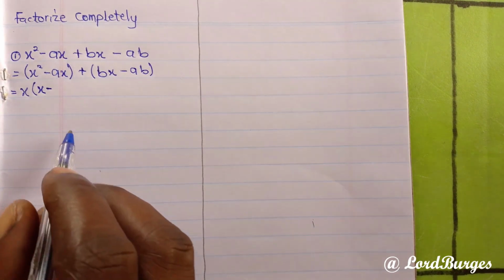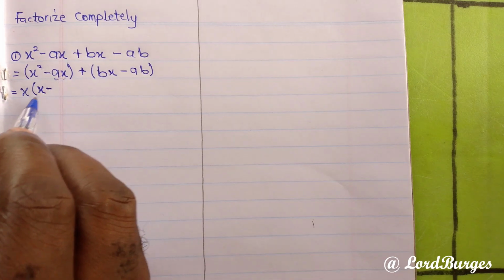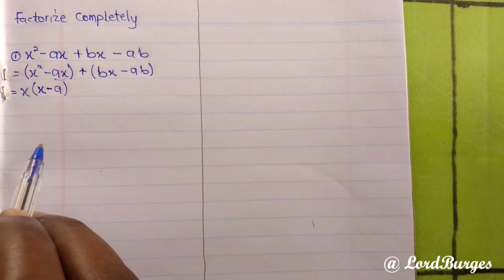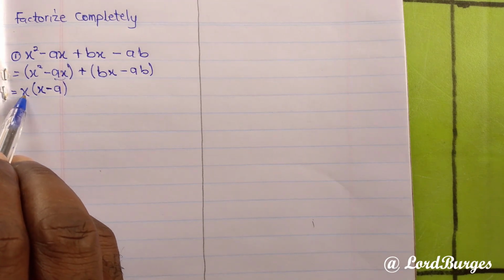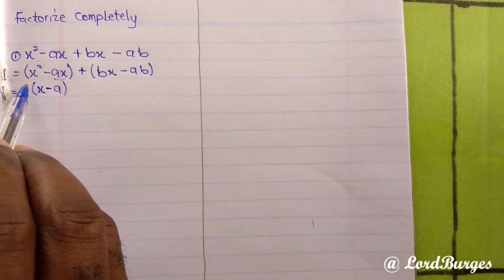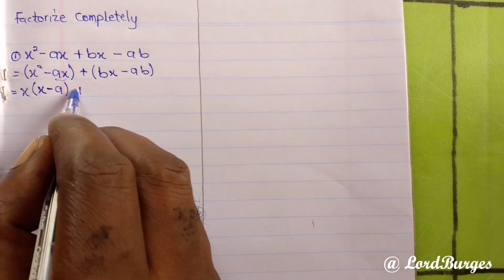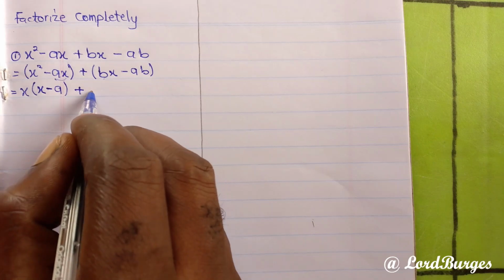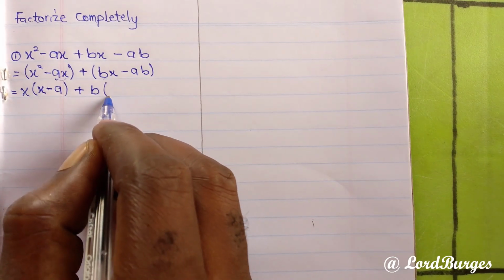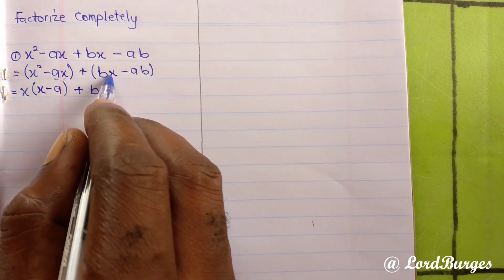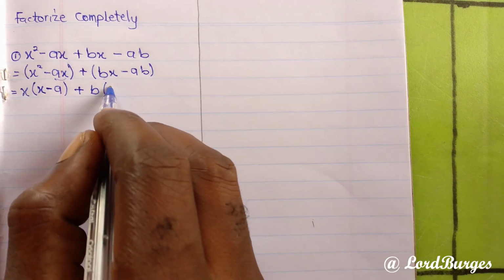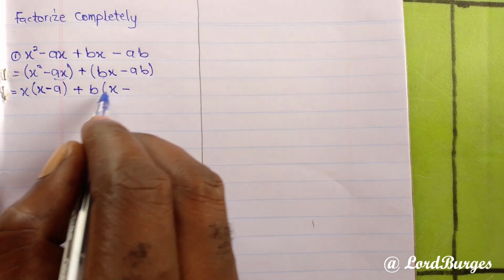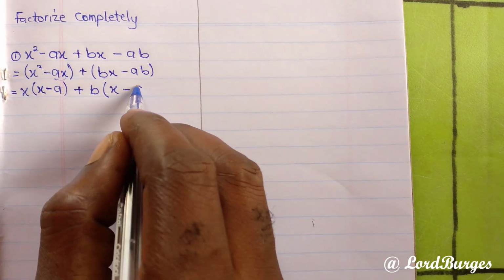Take away, the x over here is also taken out, so I'm left with the a, such that when I expand this, I should be having what is at the top, plus what is common here, that is the b. Then bx, the b is out, so I'm left with the x, minus ab, the b is already out, so I'm left with the a.